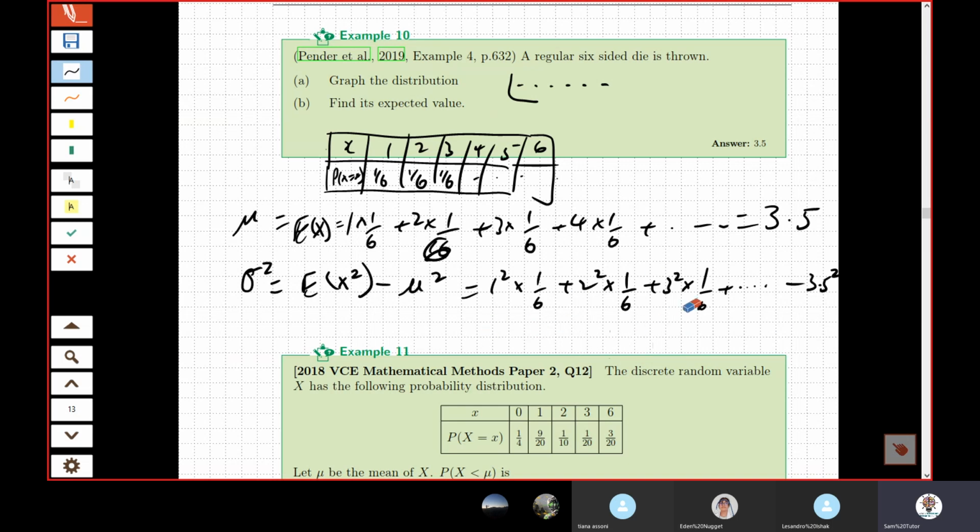Has anyone worked it out? All right, I'm going to do it one more time. 1 over 6 plus 2 squared over 6 plus 3 squared over 6 plus 4 squared over 6 plus 5 squared over 6 plus 6 squared over 6 minus 3.5 squared.